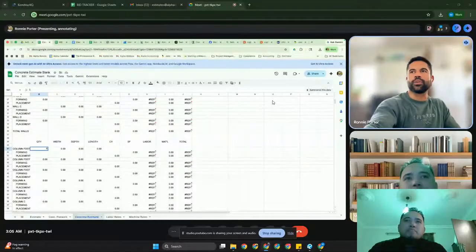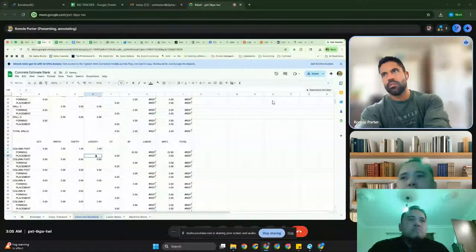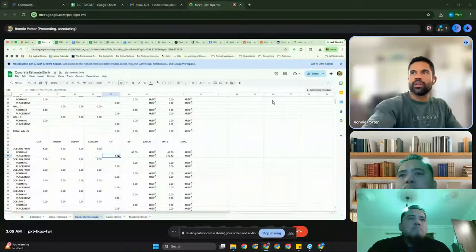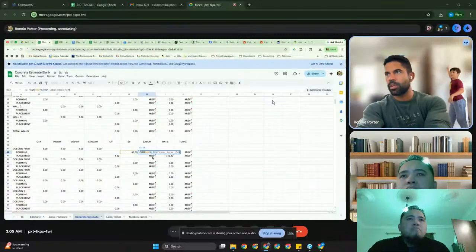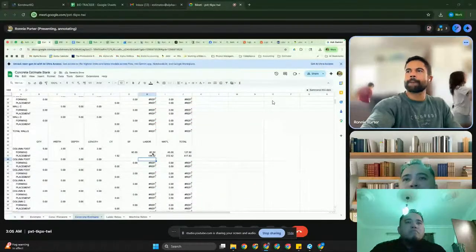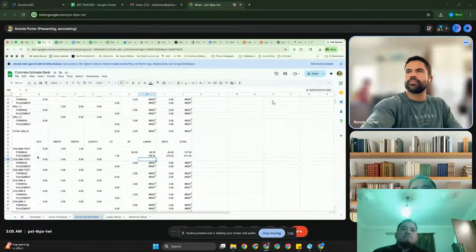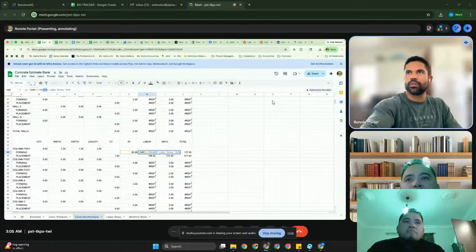Say I have 5 of these footings that are 3 foot wide, 1 foot deep. So 3 foot by 3 foot by 1 foot deep. It'll tell you how many cubic yards and then how many square foot. I don't know why this isn't populating, but I just hit enter and it comes up with the number. But again, I feel like these are super low.